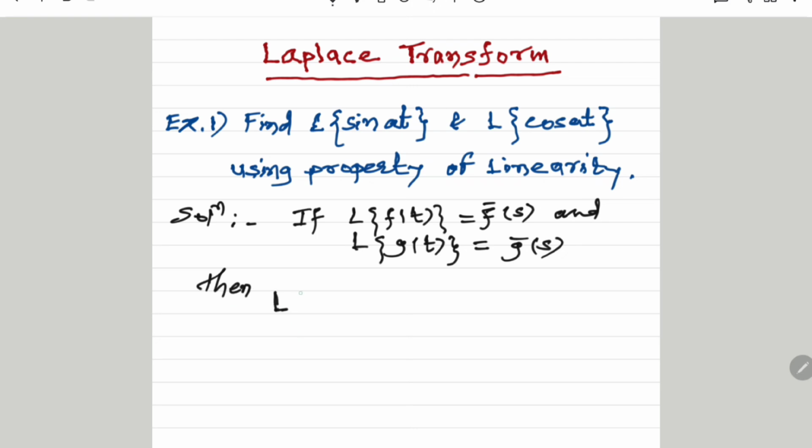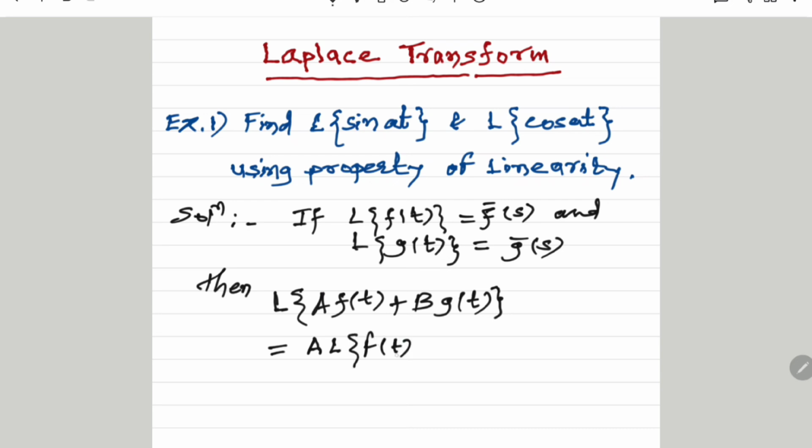Laplace transform of capital A into f of t plus capital B into g of t, where capital A and capital B are constant terms, is equal to A into Laplace of f of t.